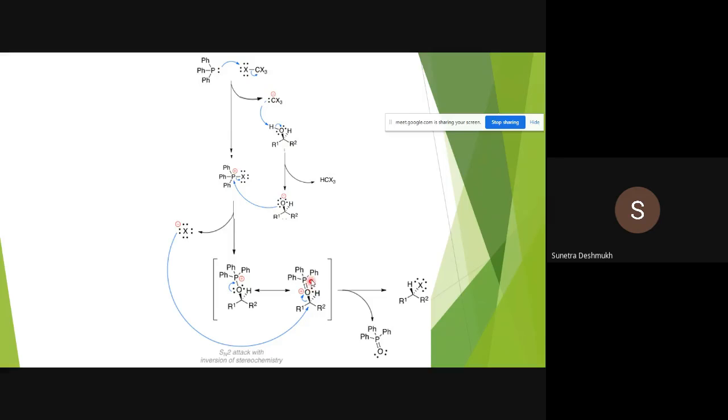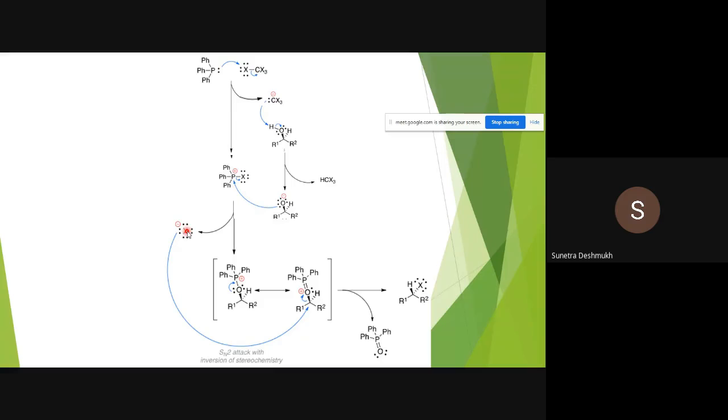Now once we got the phosphorus-oxygen double bond, it's not easy to break this P=O, but it's better to break this carbon-oxygen bond. In this way this carbon-oxygen sigma bond is breaking, and the lone pair is shifting onto the oxygen atom. This is an SN2 attack by the Cl minus already generated in our reaction flask.